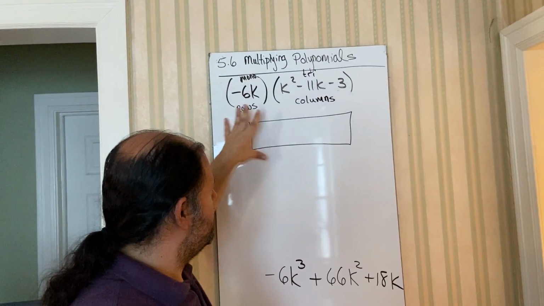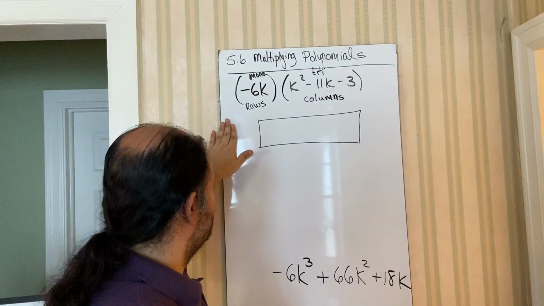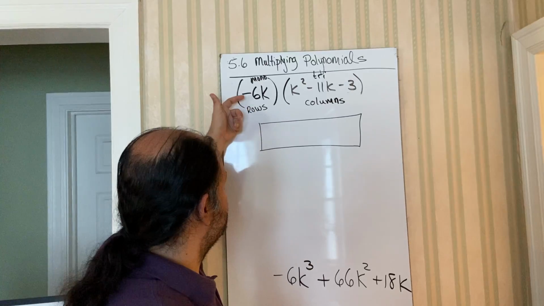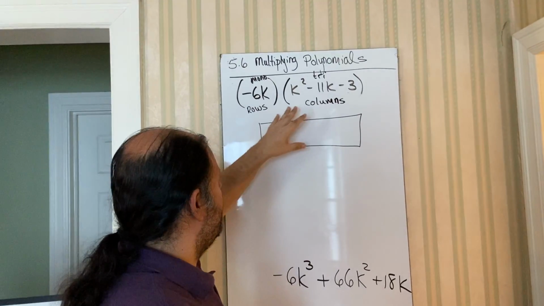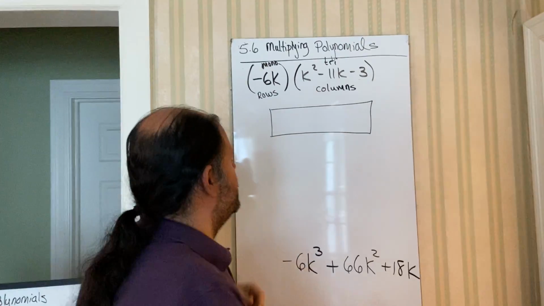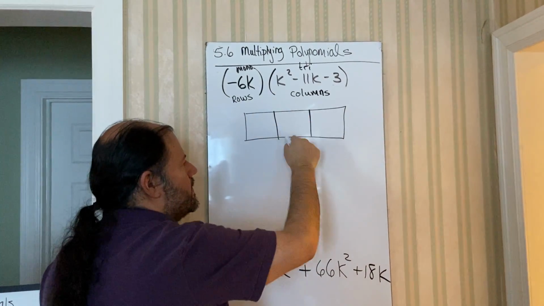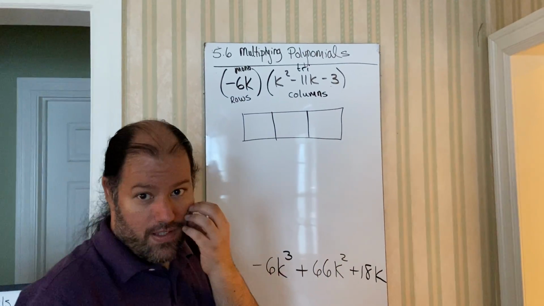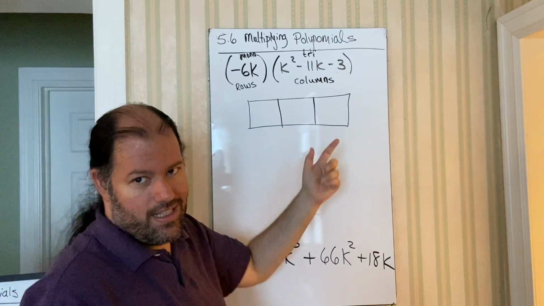How can I divide this into 1 row but 3 columns? Well, here's my 1 row. If this was 2 rows, then I would split it in half. And since I need 3 columns, I'm going to divide this into thirds. So here's a column, here's a column, here's a column. So you can see I have a rectangle that has 1 row, but 3 columns.